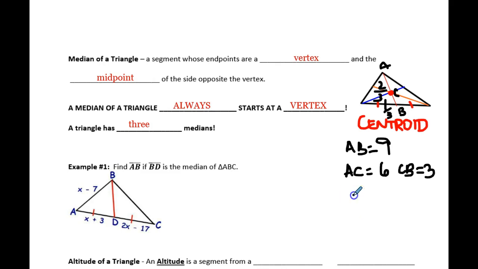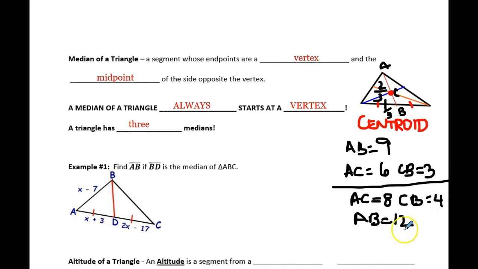If I were to tell you that AC was equal to, let's do 8, then you should be able to figure out that because my ratio AC to CB is 2 to 1, CB must be equal to 4, which means my whole median is equal to 12.